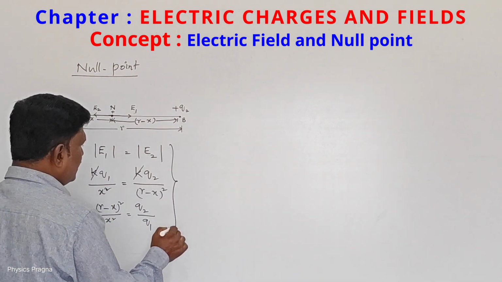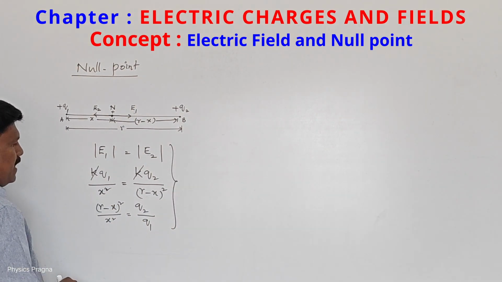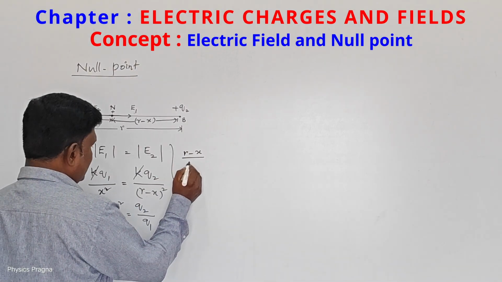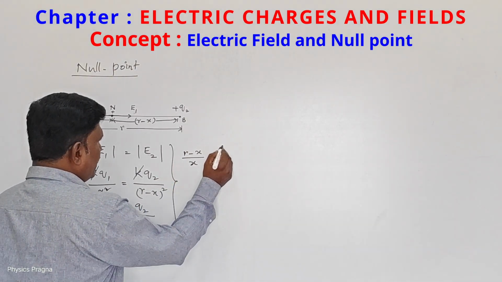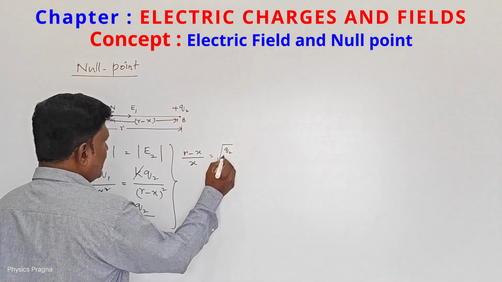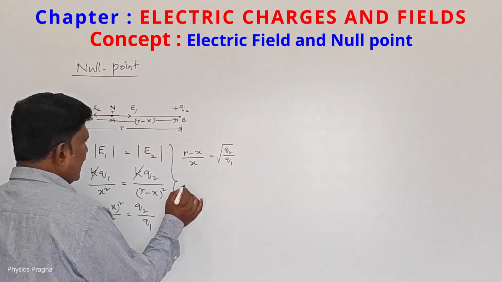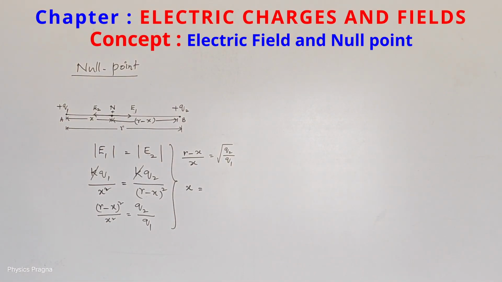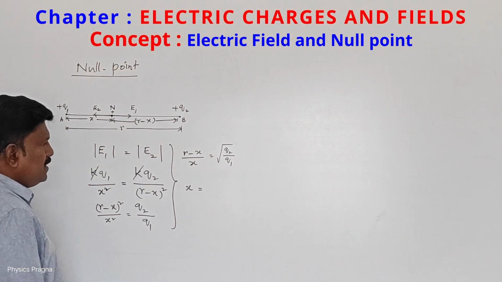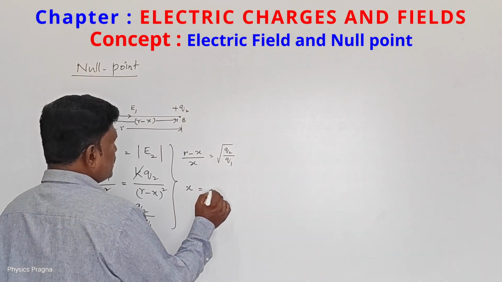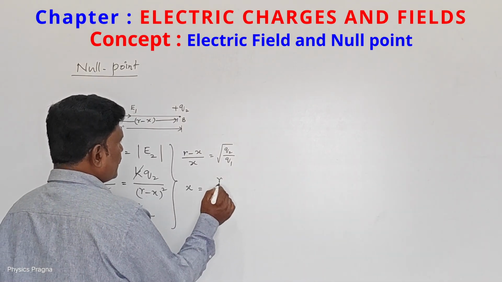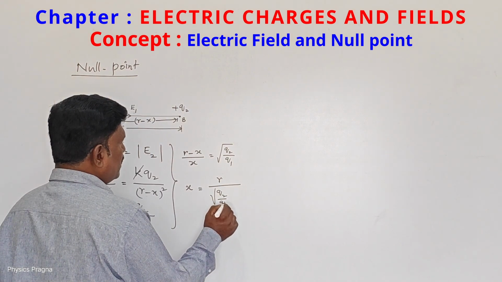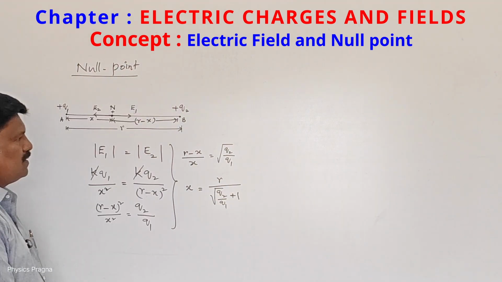I will take a square root, then R minus X by X is equal to root of Q2 by Q1. X is the distance to the null point from Q1. X is equal to R by root of Q2 by Q1 plus 1.